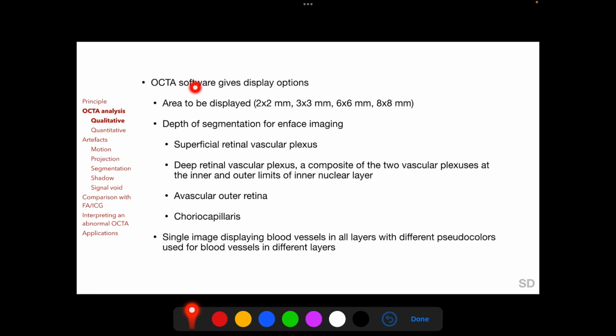The OCTA software gives display options regarding the area of the macula to be displayed, which may vary from 2 by 2 mm to 8 by 8 mm on a standard OCTA machine.